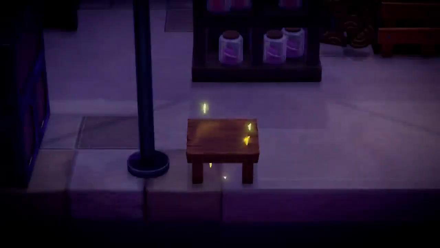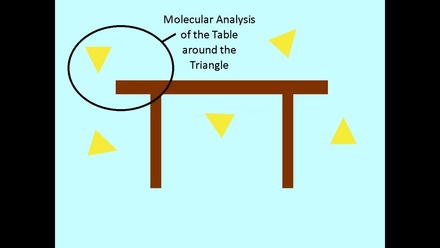While doing research for this video, I noticed there were fewer triangles visible around the table than I initially thought when having the idea. The echoable object wasn't surrounded by as many small golden triangles all the time as I initially thought before reviewing the footage. But my whole theory rested on the premise that the table was constantly molecularly analyzed from every angle.